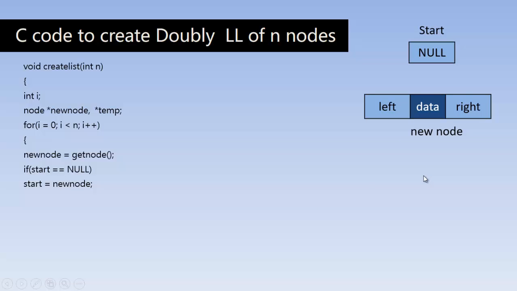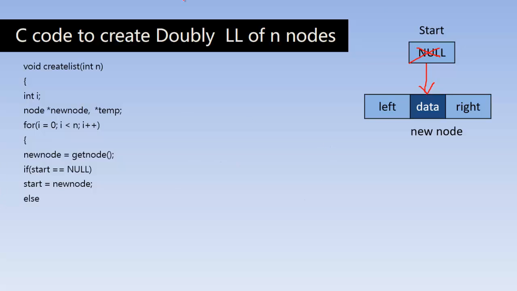So this is the status of my list. This is the new node which I've just created, and start is the pointer which is pointing to this node. If start equals null, I'll store the address of this node to start, right? In the first case, this is no longer null, this is now pointing to this node, right?